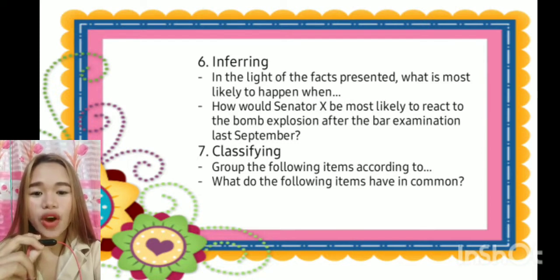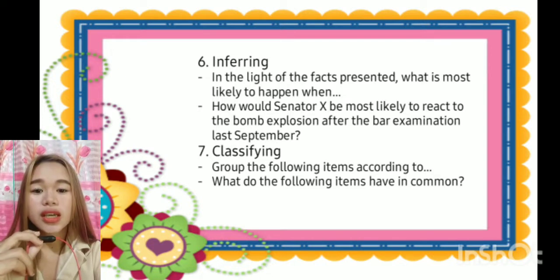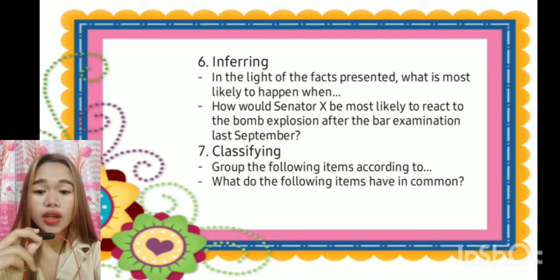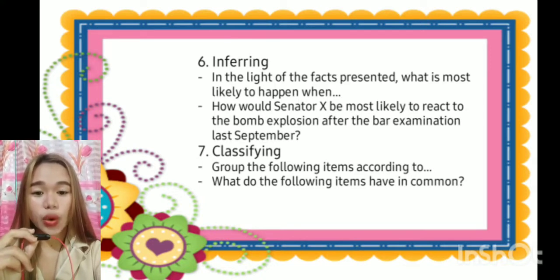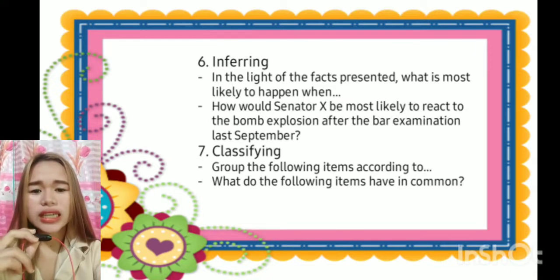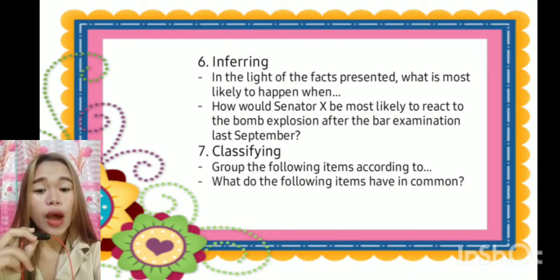Now, let's move on and discuss the remaining objectives or questions. The sixth one is inferring. From the word itself, it means that you are concluding on something which came from evidences or facts. Say for example, number 1, in the light of the facts presented, what is most likely to happen when?